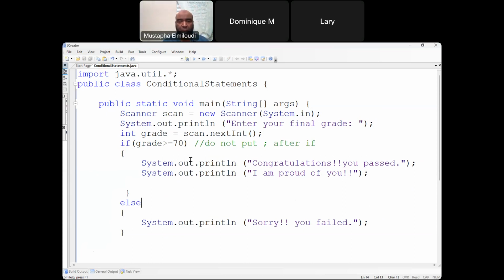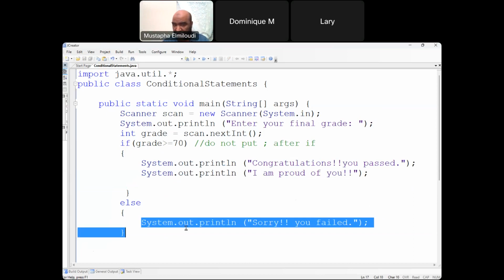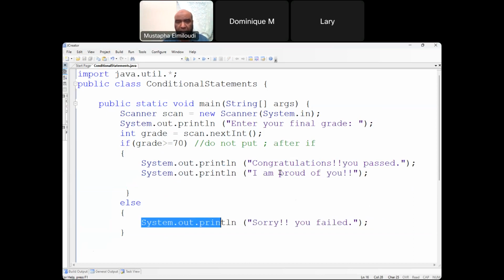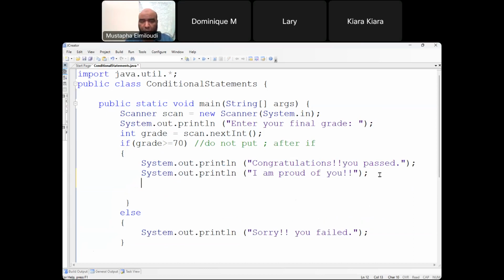So of course, the code has to be in the passing area. This is the passing area, and this is the failing area. So I'm not going to put the code here after else, because this is the failing area. So it has to be in the pass part. That means before we talk about A, we have to pass first.